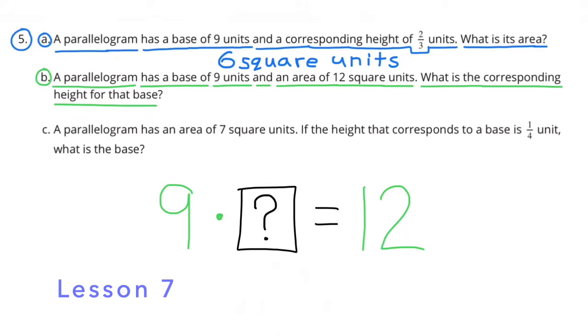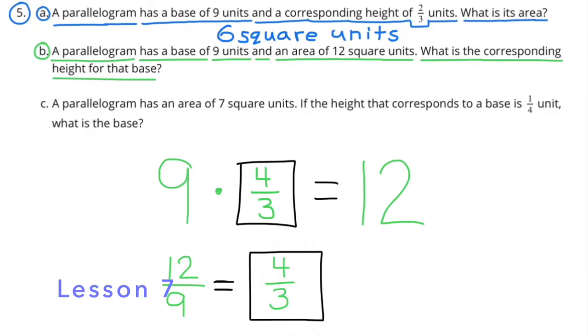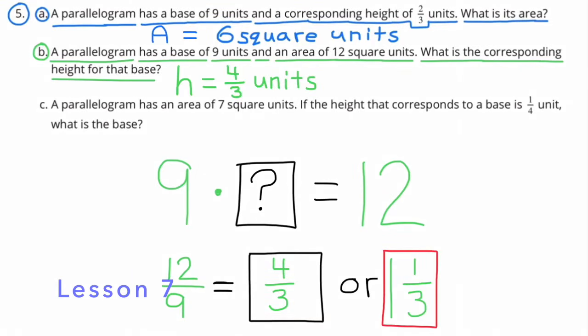To figure out what number we multiply times 9 to get 12 is the same thing as how many times does 9 fit into 12, or how many times does 9 go into 12. And to figure that out, we need to divide 12 by 9. And 12 divided by 9 is 4/3, which is the same as 1 and 1/3. So the height of this parallelogram is 4/3 or 1 1/3 units.